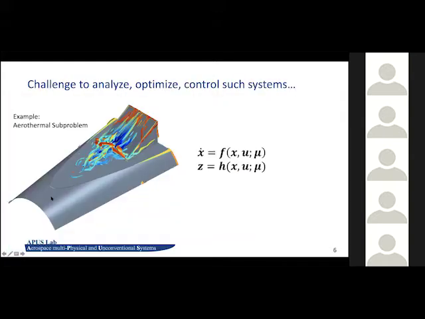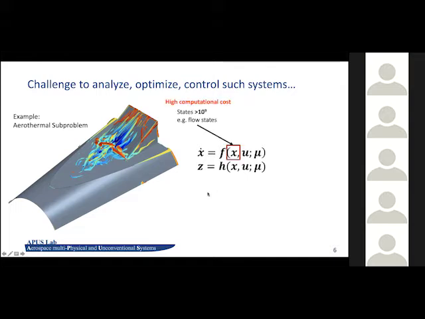Now, first of all, let's think about what's the fundamentally challenging component in this modeling procedure. Here we are taking this aerothermal sub-problem of the fluid thermal structural interaction phenomenon. In this flow field, we essentially have a high-dimensional, nonlinear dynamical system that is used to characterize this whole thing.